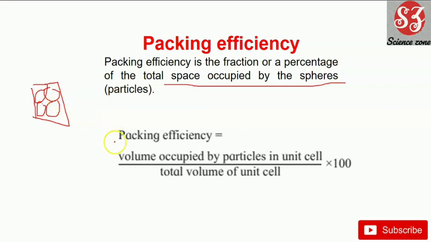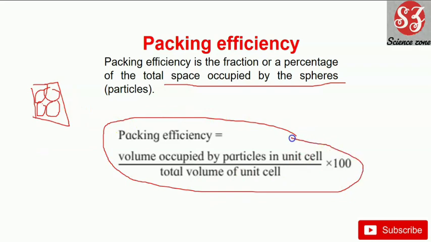The packing efficiency formula is given as volume occupied by particles in the unit cell divided by the total volume of the unit cell, into 100. This is the main formula you have to remember for packing efficiency.